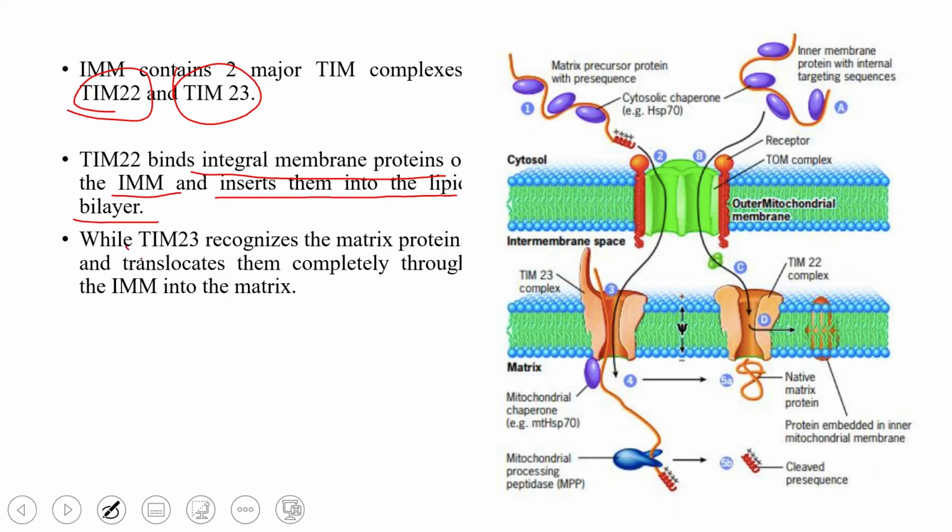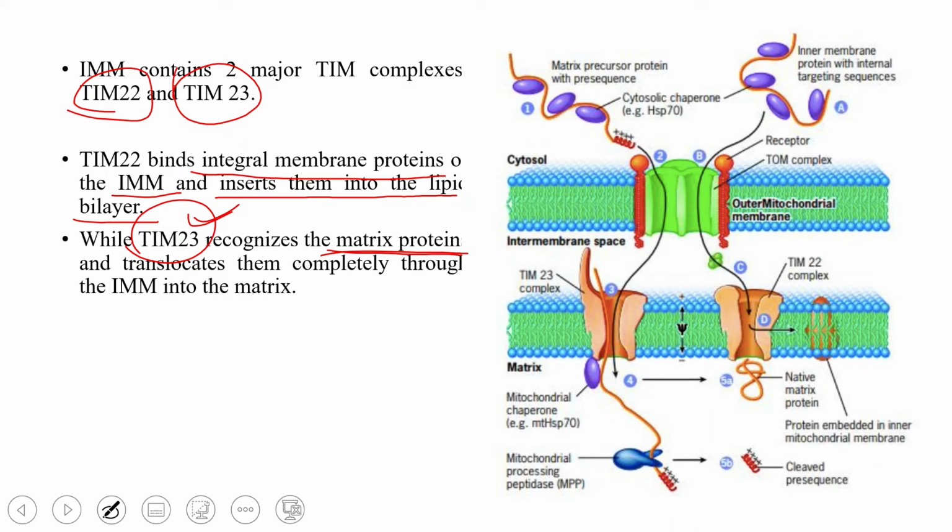While TIM23, that is the protein import pore of the inner mitochondrial matrix, recognizes the matrix proteins. So the proteins which have to enter the matrix are translocated through the inner mitochondrial membrane via the TIM23 pore, and they enter the matrix.